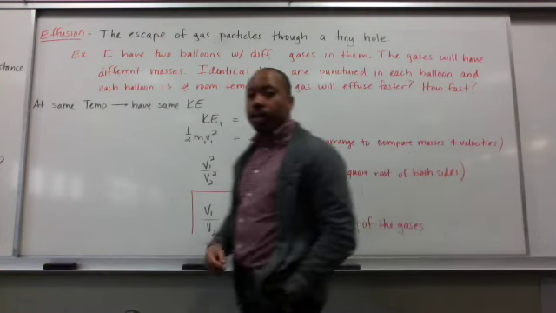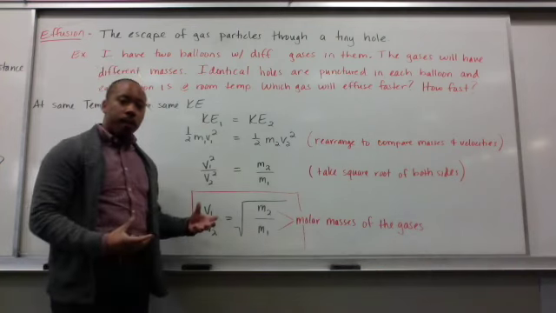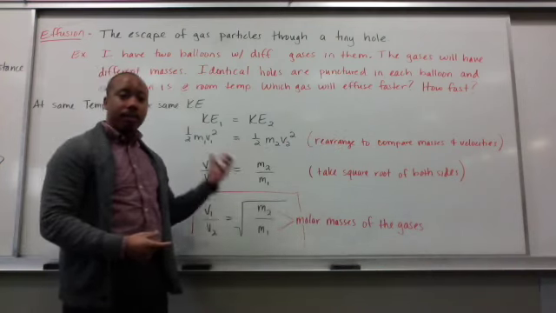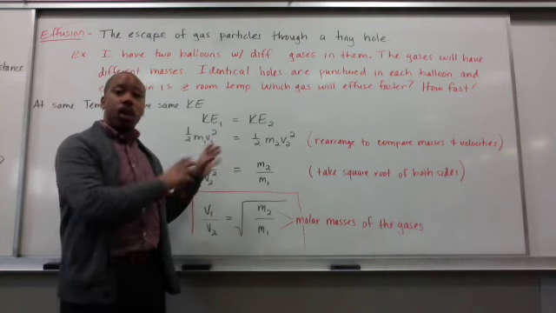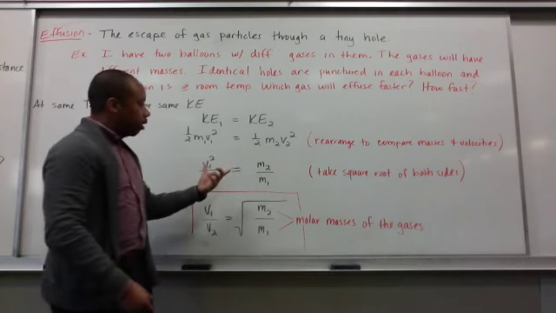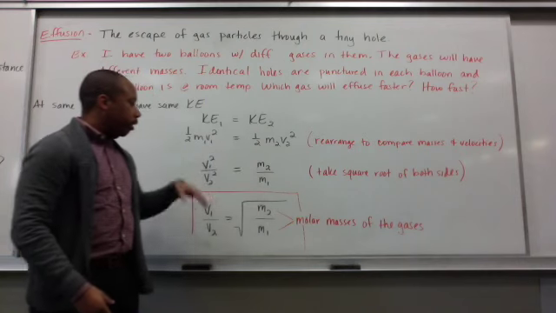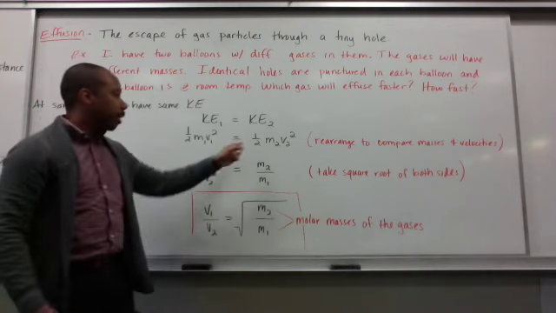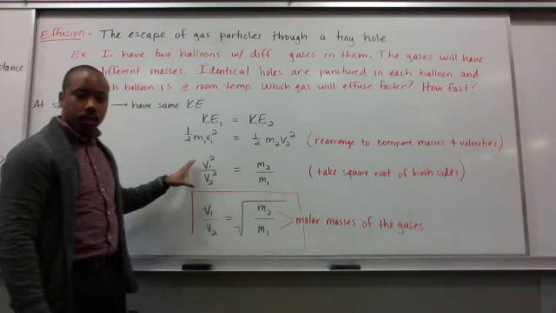Now what we're going to do is actually use a little algebra to our advantage. We're going to rearrange to compare the masses and velocities, meaning get mass and velocity on the same side. If I rearrange this equation algebraically, I can get my velocities on the same side like this, dividing both sides by v2.